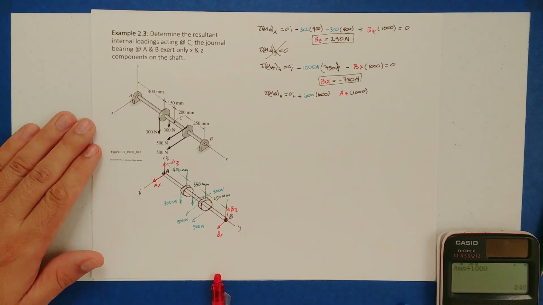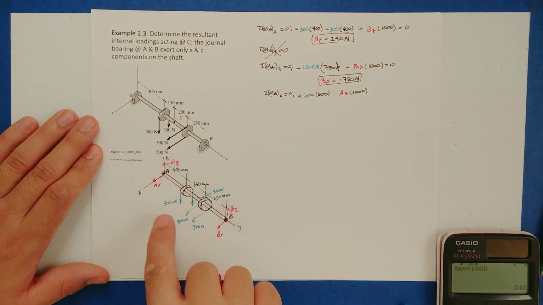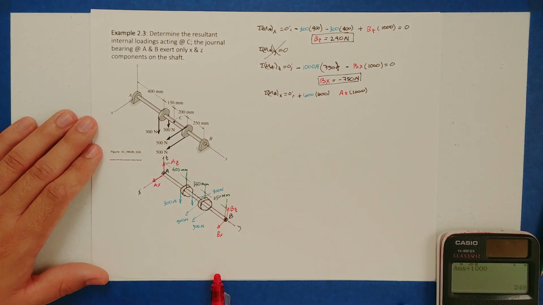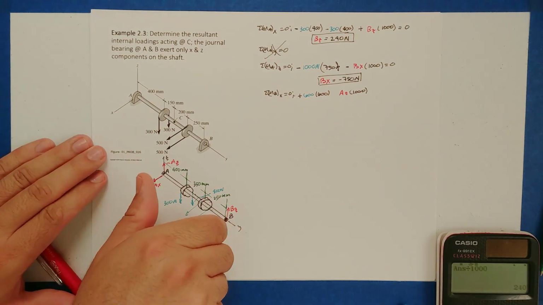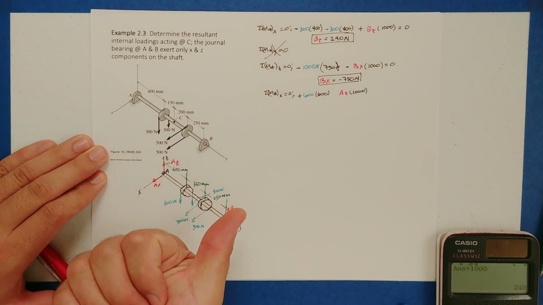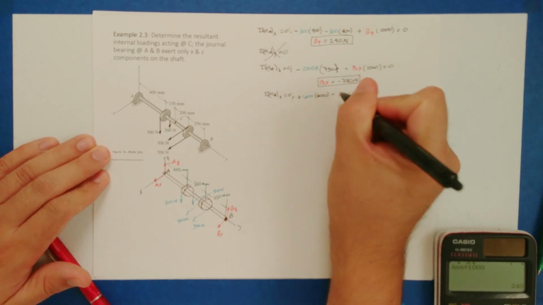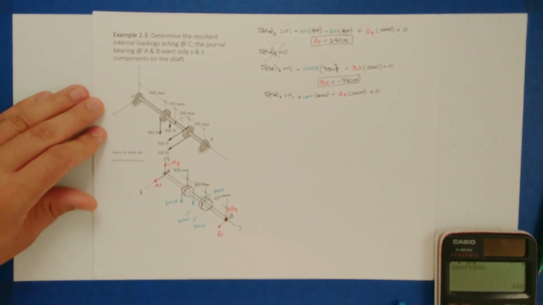Is the moment generated by the force AZ, at point B and about the x-axis, positive or negative? Well, if I pick up this shaft, it's going to rotate like so. My thumb is pointing towards the negative x-axis, so that would be a negative moment. I have nothing else, so the sum of all of that must be equal to 0.